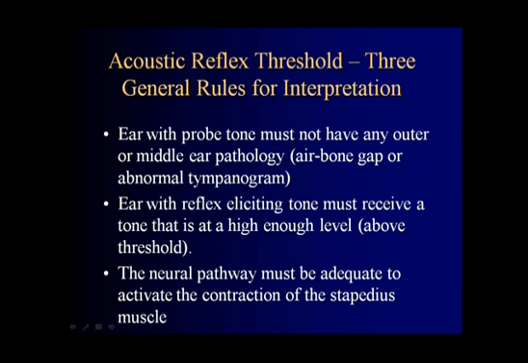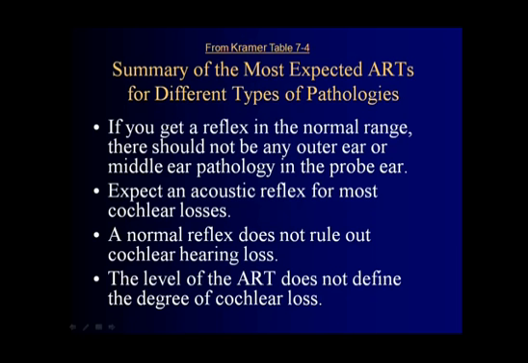So we can look at the audiogram and answer the question, is this tone audible for this patient? And if it's audible, then we're going to trust that, if everything's functioning normally, the signal will go up the brainstem response. The neural pathway must be adequate to activate the contraction of the stapedius muscle.